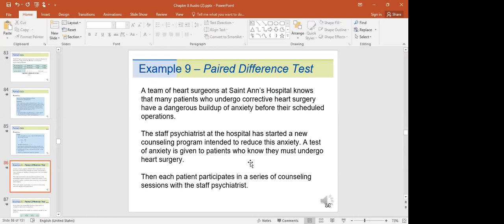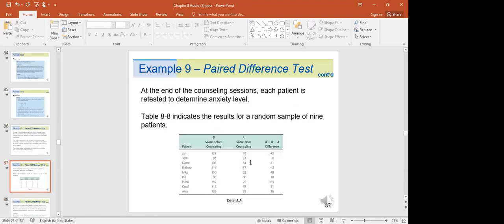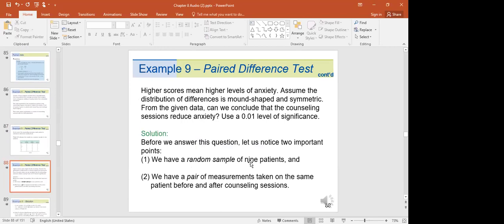Then each patient participates in a series of counseling sessions with the staff psychiatrist. At the end of the counseling session, each patient is tested to determine anxiety level. And we have the results here. We are going to come back to this, enter it into Excel or calculator. Higher score means higher levels of anxiety. Assume the distribution of differences is mound-shaped and symmetric.